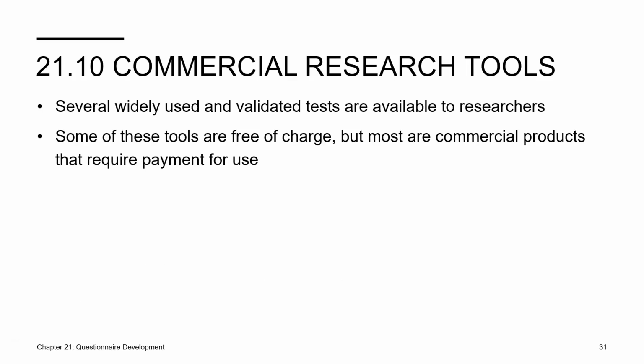So section 21.10 goes over commercial research tools. There are many different surveys that are widely used and have been validated that are available to researchers. Some of them you have to pay for, some of them require a fee. The first one that comes to mind is the Newest Vital Sign, which is a measurement of health literacy, and this is available through Pfizer.